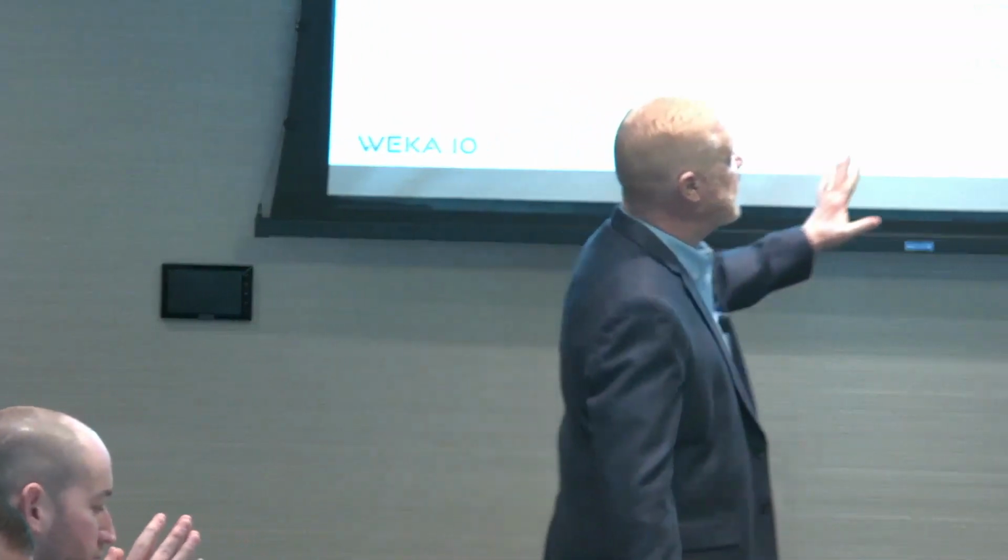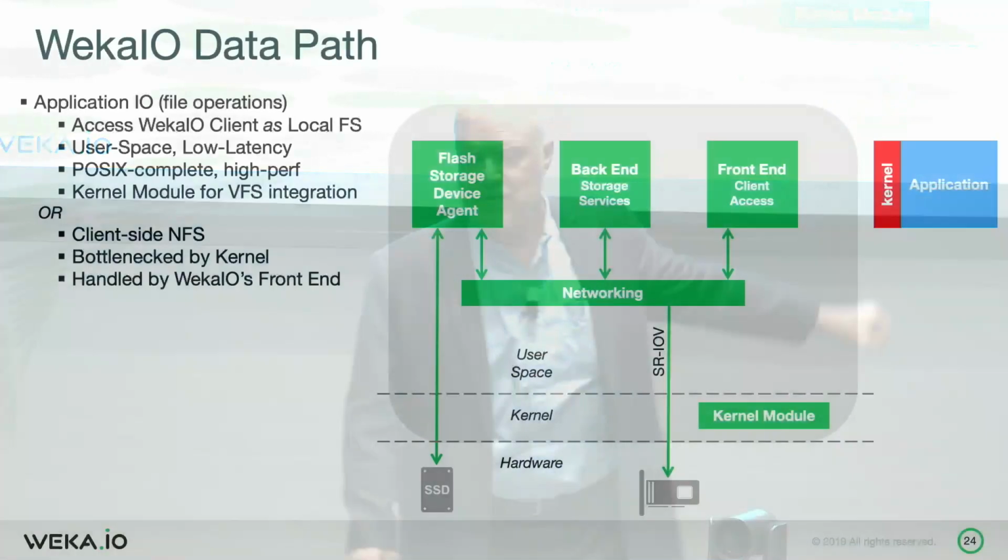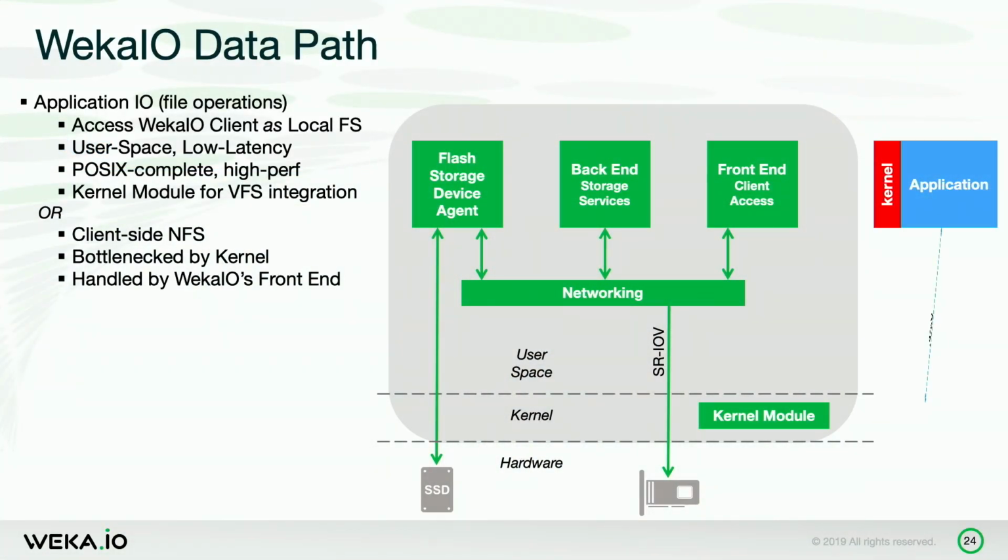If you think back to that picture for just a moment, the application servers will generate their I/O requests through our client. The POSIX client request will come in through what we call our kernel module into our front end. All of it's coming through the network card, and then our I/O is handled in user space, not through the kernel.